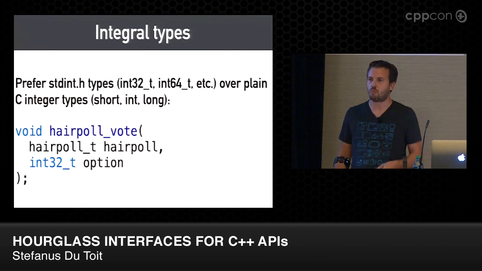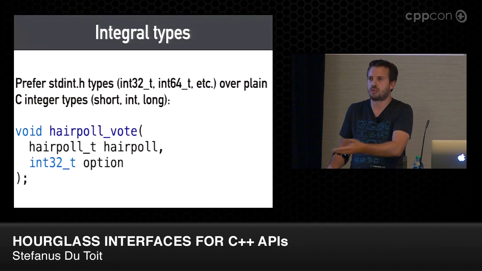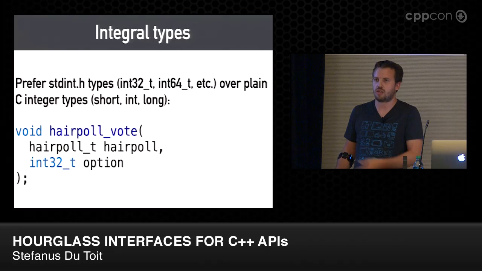But we'll talk later about other languages a little bit, and when other languages bind into C code, a lot of them say, is this a 32 or a 64-bit integer, because they're not necessarily tied to a particular compiler.